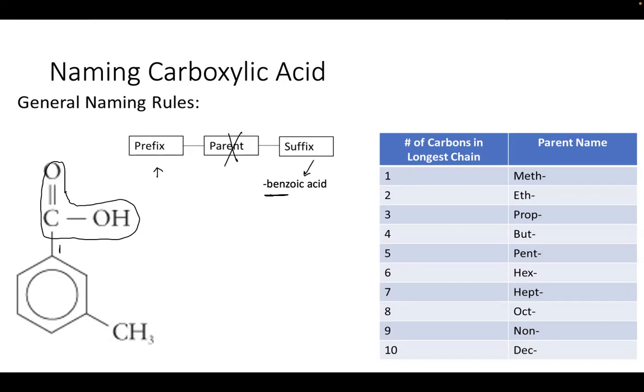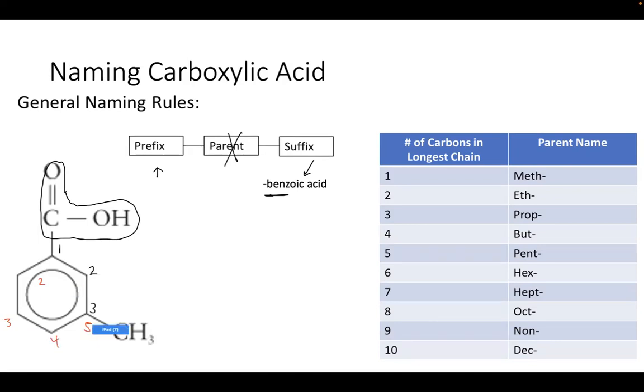There's only one branch coming off of it. If I were to go clockwise, that would put that branch at the next lowest possible position it could be. Whereas if I were to go counterclockwise, well, let's just show you. If I go clockwise, I put the branch at 3. If I go counterclockwise, sorry, that's over so far on my iPad, I can't reach it.